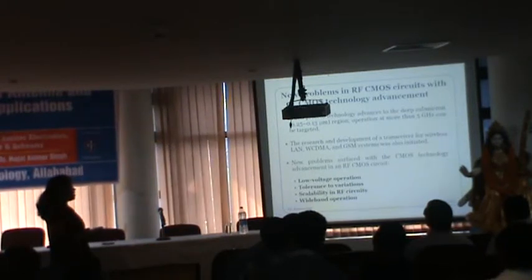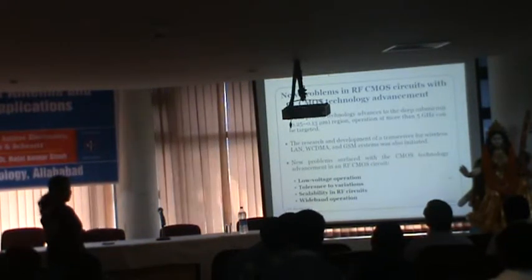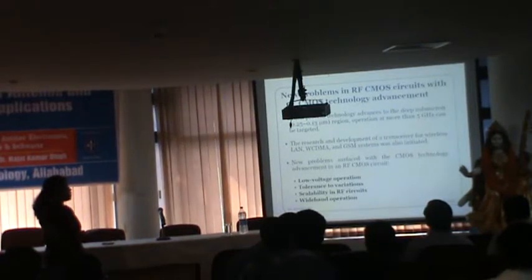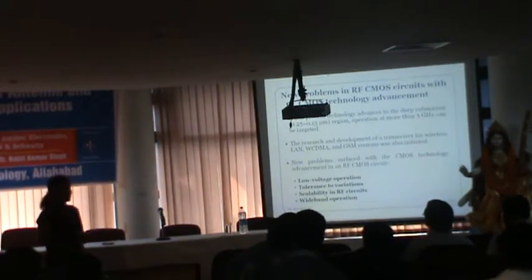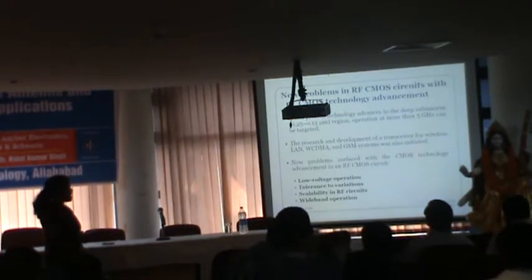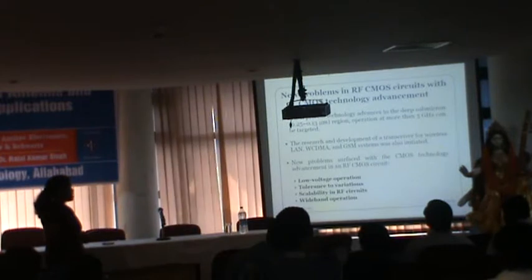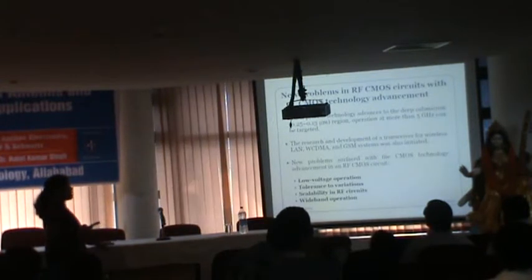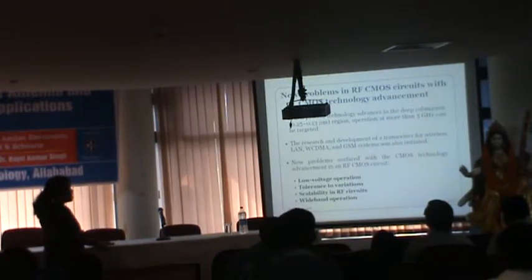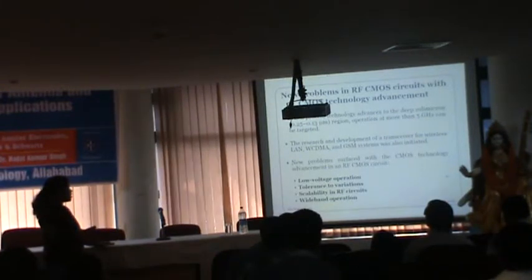At 0.13 micrometer technology, we had already reached fT of 5 gigahertz. The R&D work for transceivers for wireless LAN and WCDMA GSM systems was also initiated when we were working with this 130 nanometer technology, with fT of 5 gigahertz.